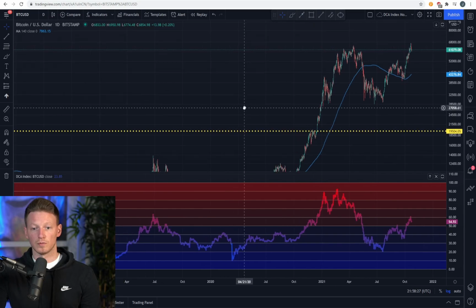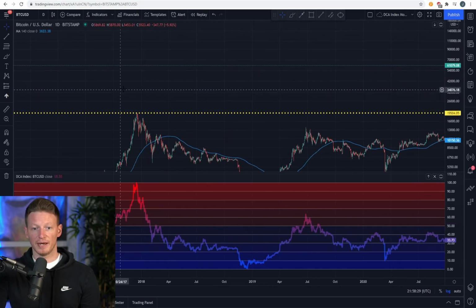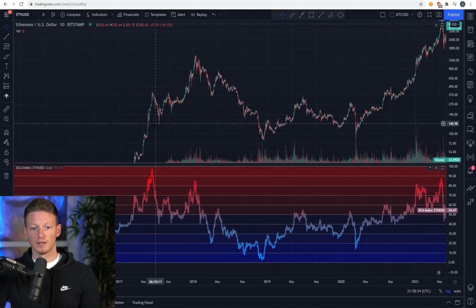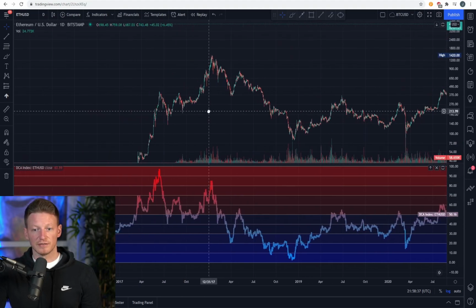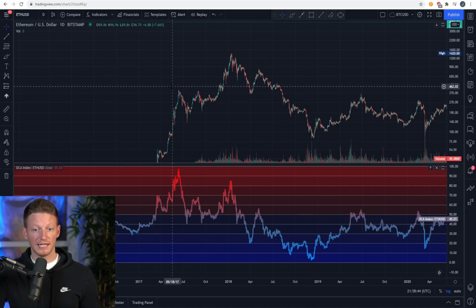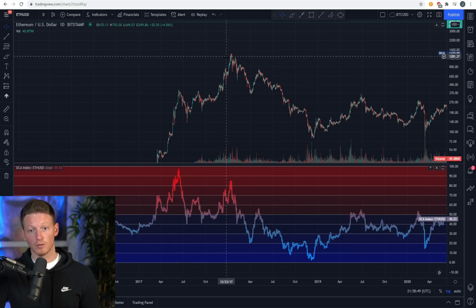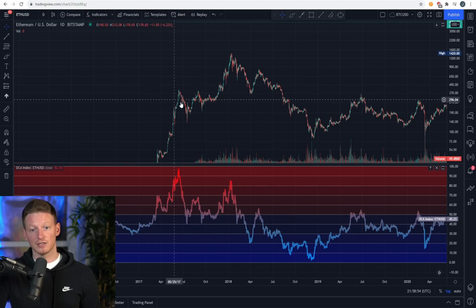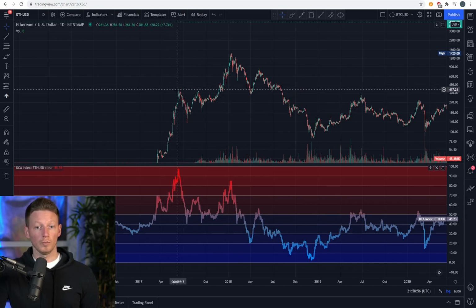Okay, so like for instance, if you look back in 2017, we talked about this yesterday. If you look back in 2017, Ethereum actually had its highest valuation in relation to Bitcoin here in June, not in January when it hit its USD valuation peak, meaning it was actually better to hold all Bitcoin from this time forward than it would have been to hold any Ethereum.